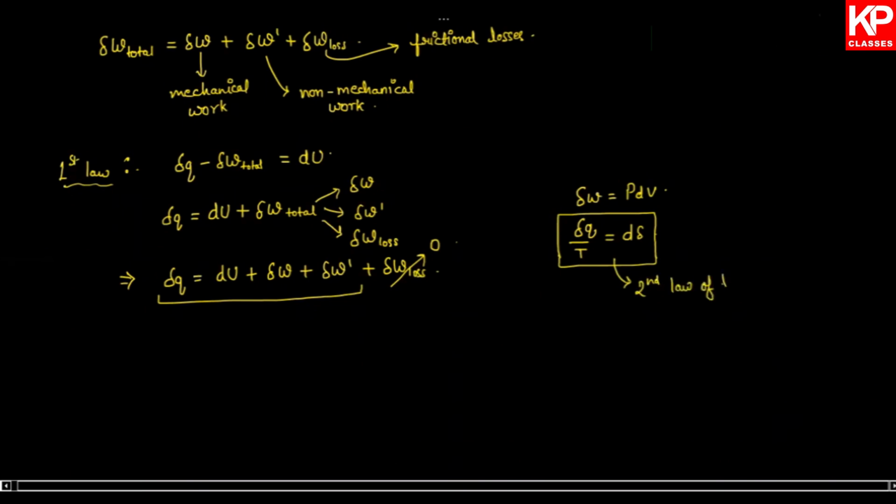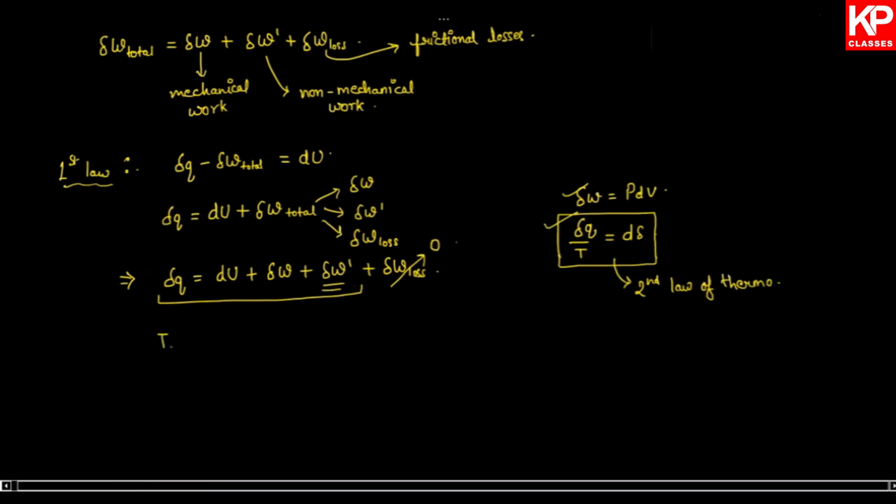I'll be discussing more about how we have come up with and derived this equation when we study the second law of thermodynamics. So you have to understand that del Q by T is equal to dS. Using these two expressions, we can put them in this particular equation and derive the value of del W dash.